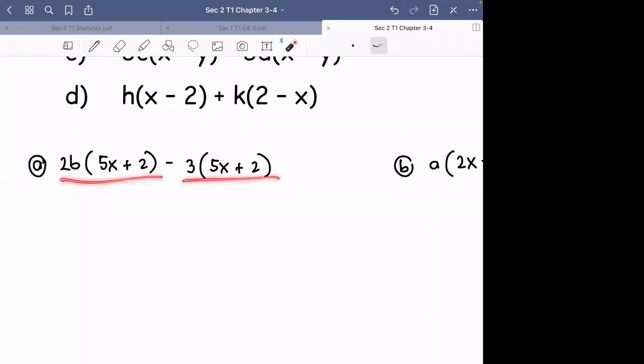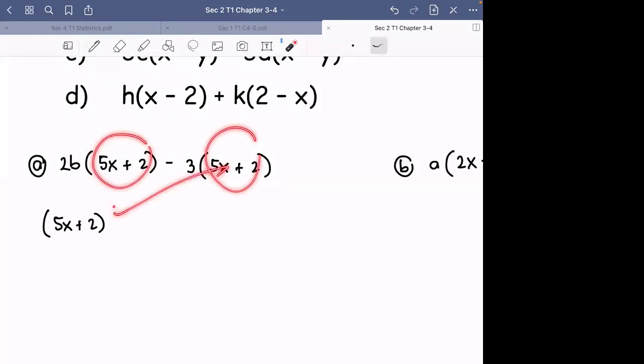What is the common factor between the two terms? That's correct. So the common thing there is 5x plus 2. Both of them have 5x plus 2.